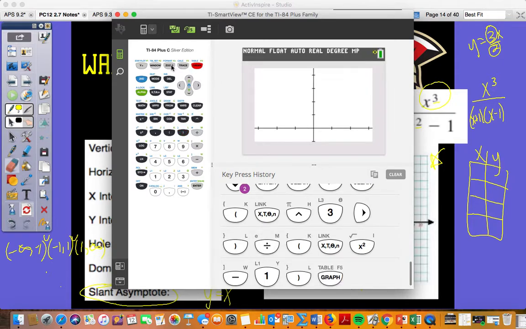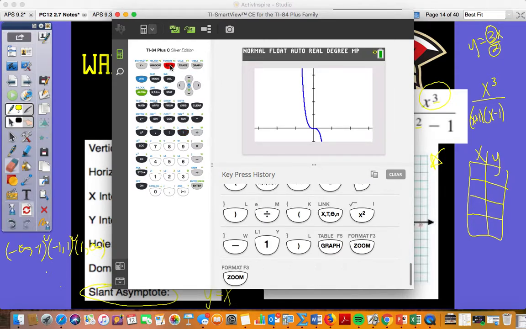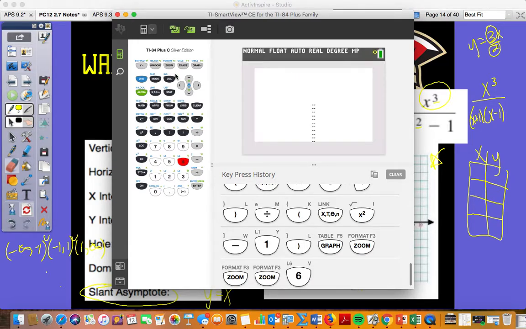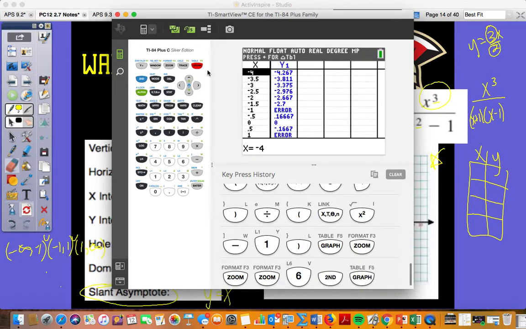Now this is going to look a little strange. Let's go to our Zoom standard. It looks kind of funky, doesn't it? A little bit. So let's go to our second table, which gives us our T-chart.